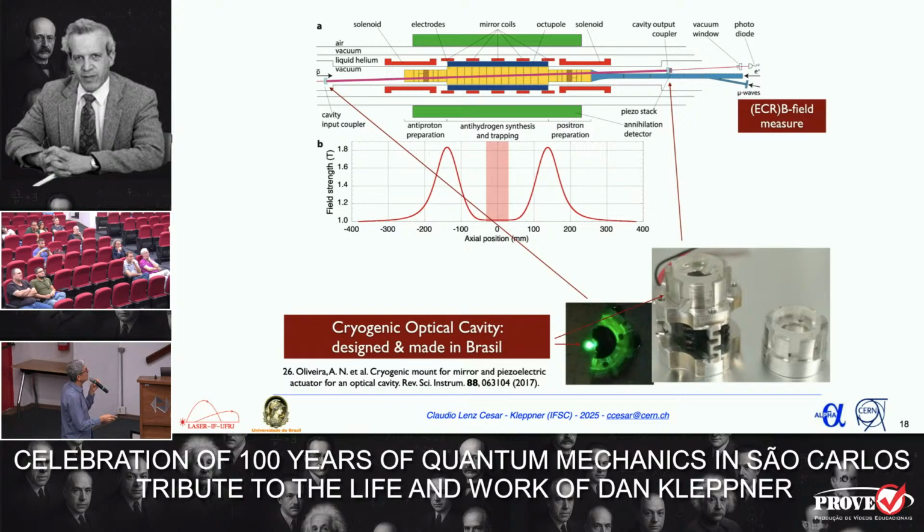So this is the cavity here, the cryogenic cavity where we shine the laser, the many electrodes, the many magnetic coils used, and all of this is inside a big solenoid, an MRI solenoid. So we trap the atoms here in the magnetic trap, we shine the laser, and we do the spectrum.